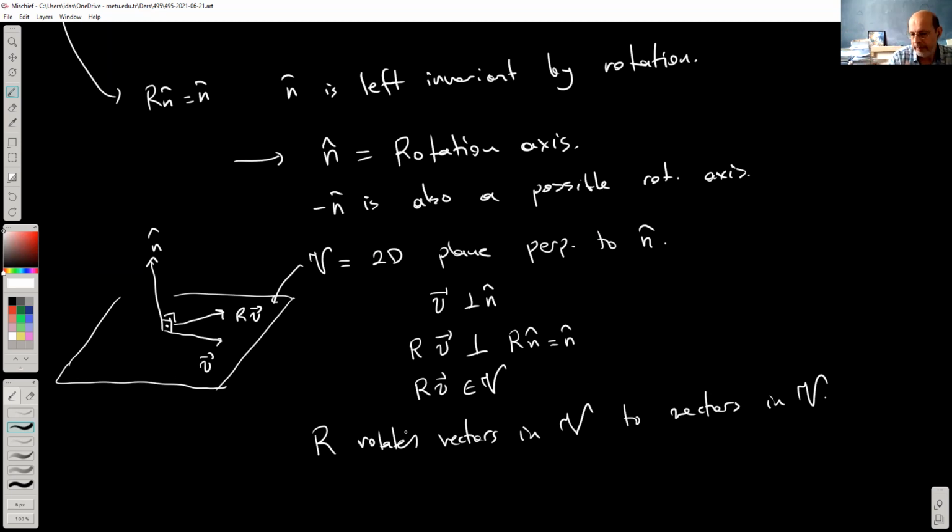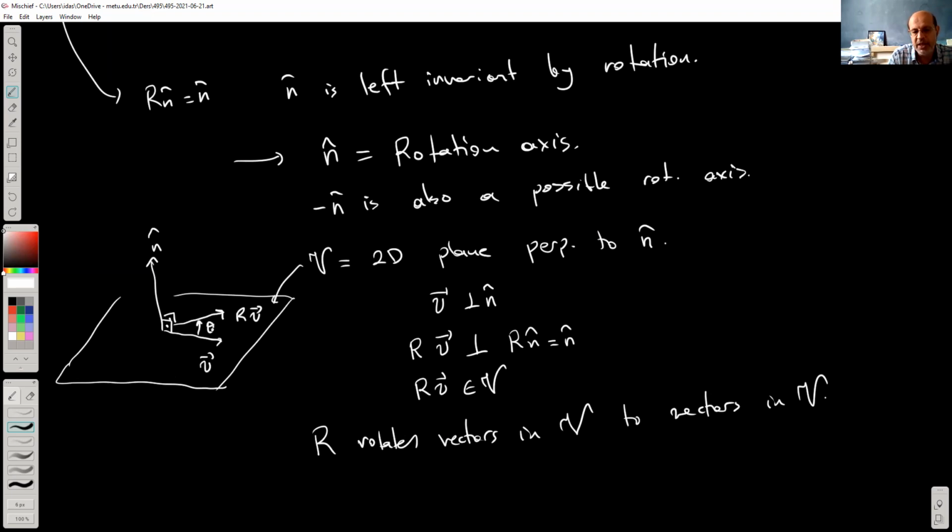At this point, it's just a two-dimensional rotation. Once you throw away the rotation axis, you're just left with this. So what we have said about rotations in two dimensions is going to be valid. This is a proper rotation in those two dimensions.